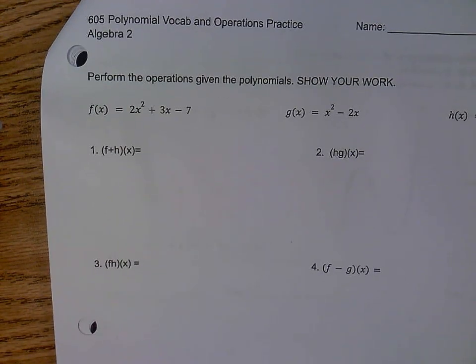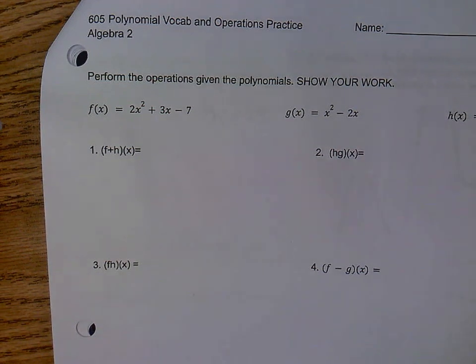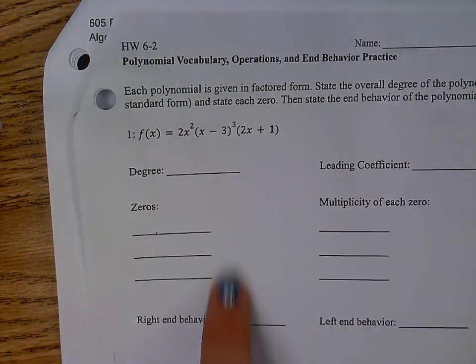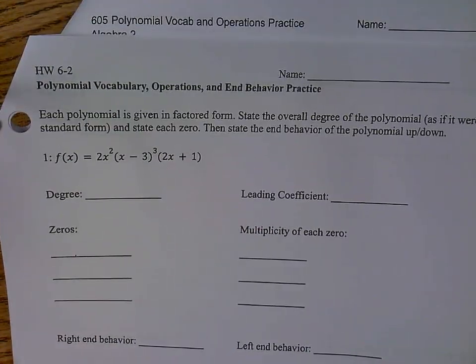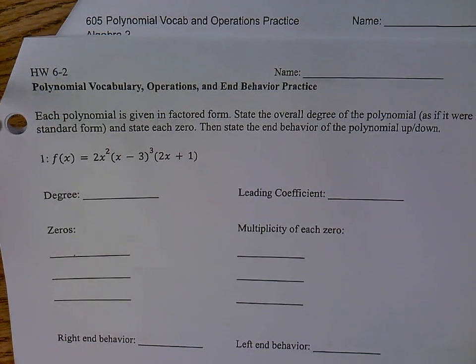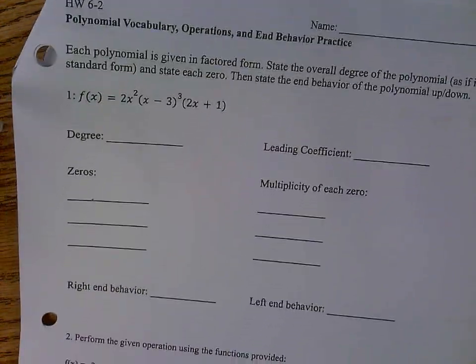Someone was looking ahead at homework 6.2, and I kind of messed around with the order of our notes. And so number 1 is kind of out of order. So can everyone just take a look at homework 6.2 for a minute? We're just going to make a change to problem number 1.